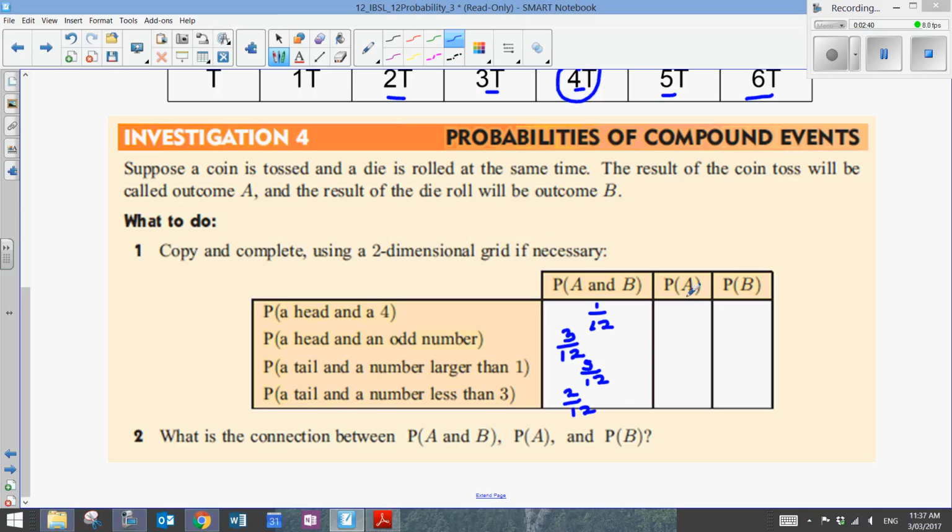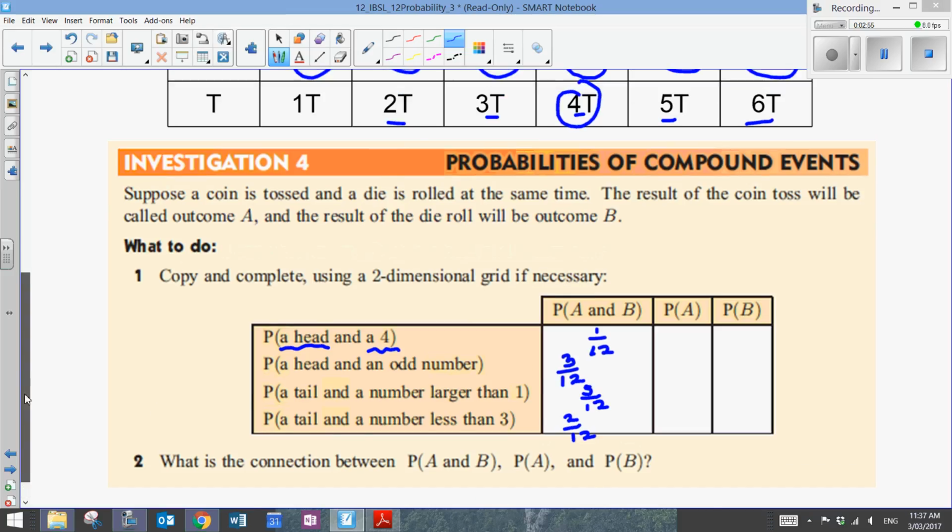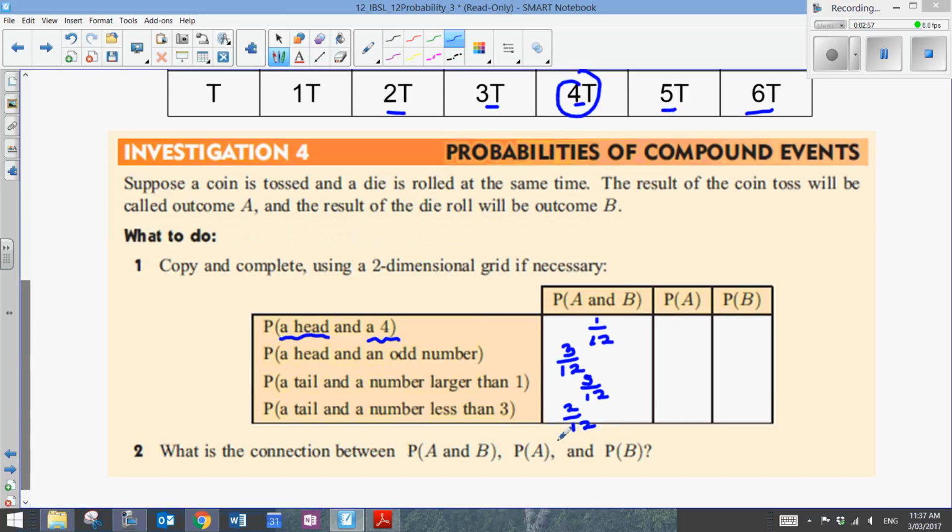Let's look at how we get this 1 out of 12. We identify the probability of A happening, where A is the first event, and the probability of B, the second event. So the probability of a head is 6 out of 12, or 1/2.